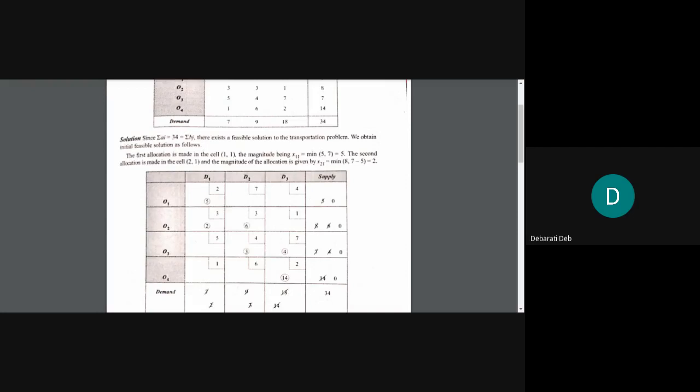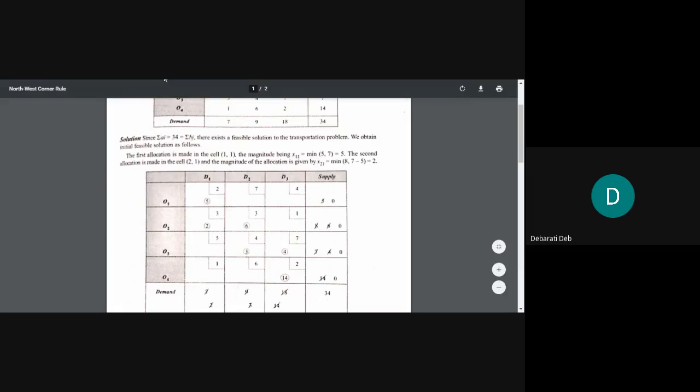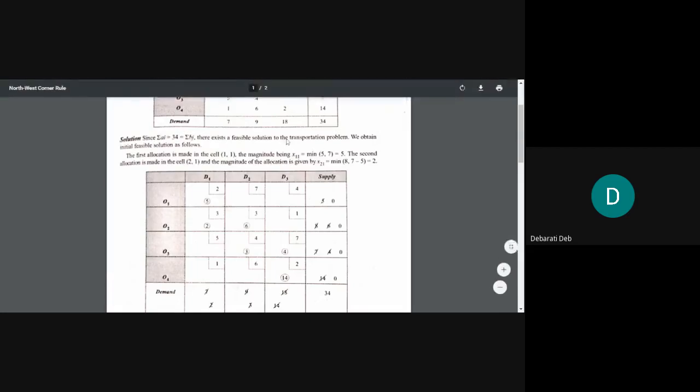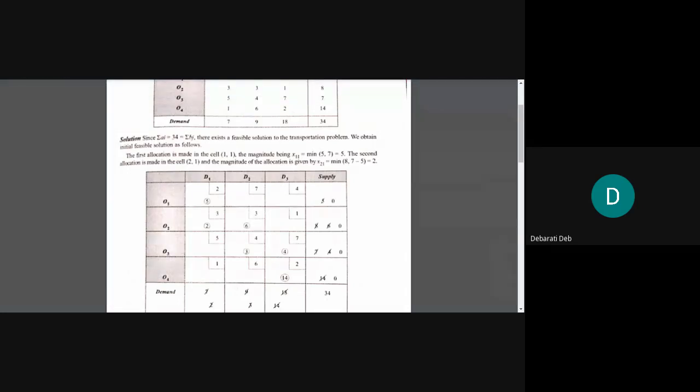If the last column total and the last row total are same, this means two things. One is that this problem is a balanced one, and the second important thing is that there exists a feasible solution to this problem, which is very important to identify, because in LPP also we have seen some cases had no feasible solution.